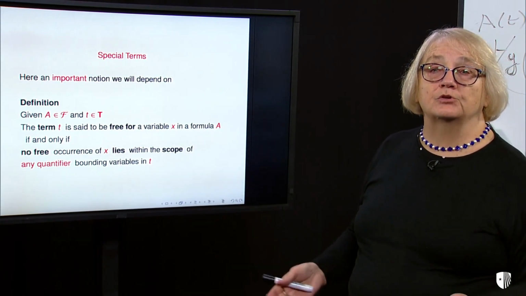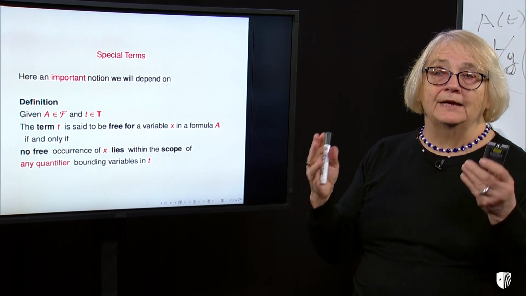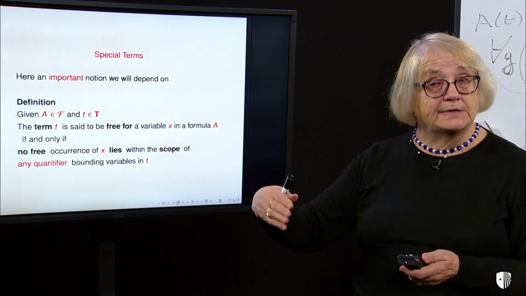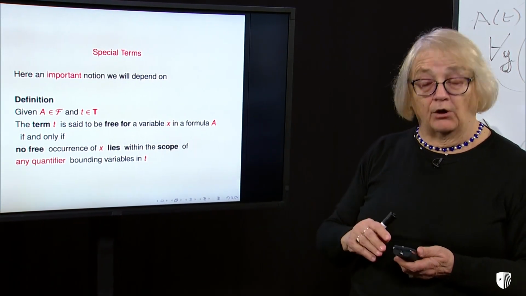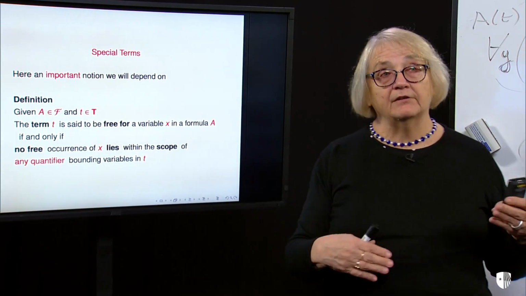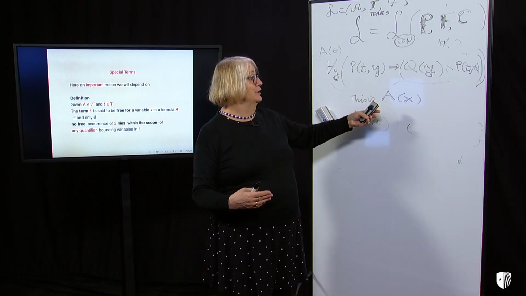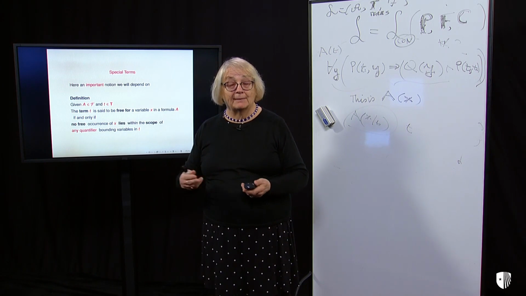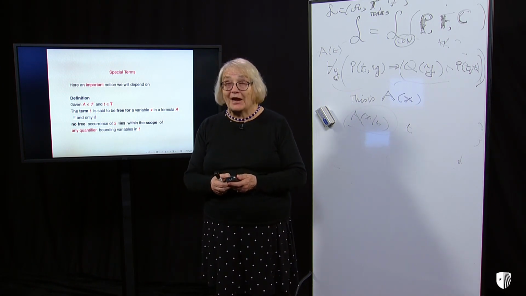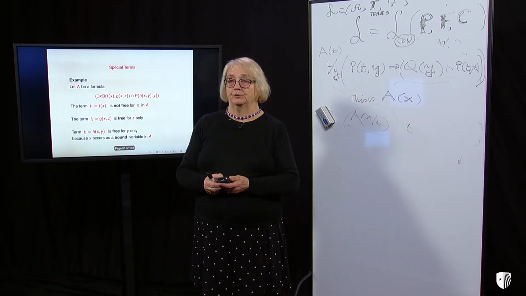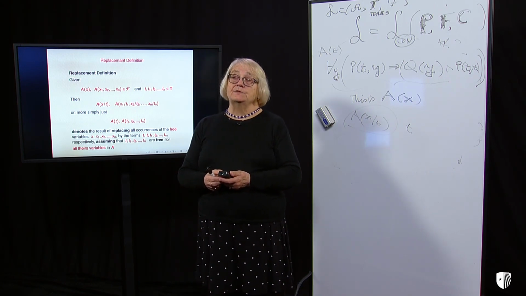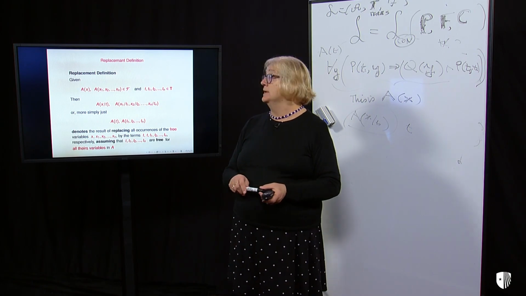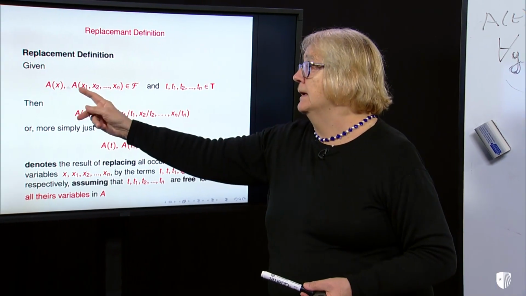That is called t is free for a variable x, and we'll be assuming that pretty often, because we have to be very careful when we substitute something for something, to keep the free and bound variables in check. And there are examples.